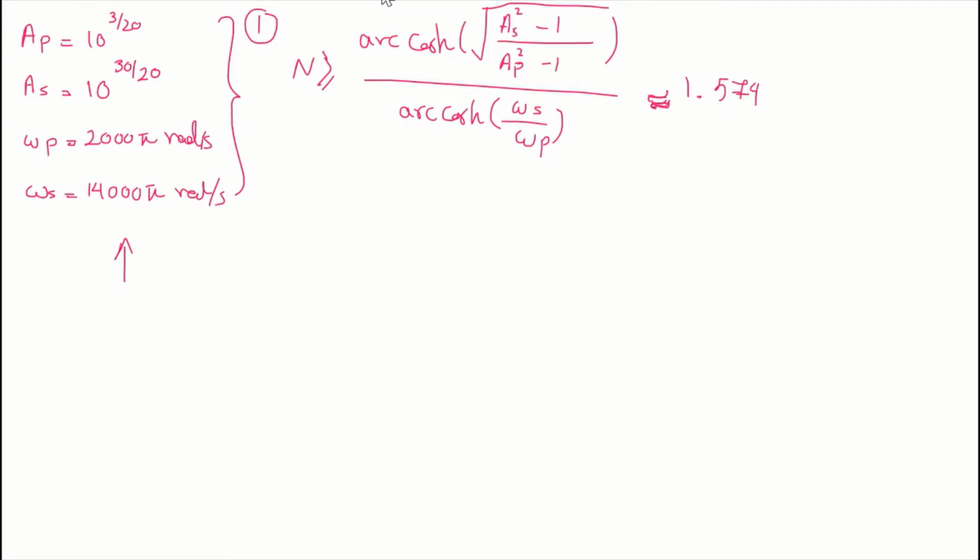And that means n should be at least 2, or the order of the filter should be at least 2.